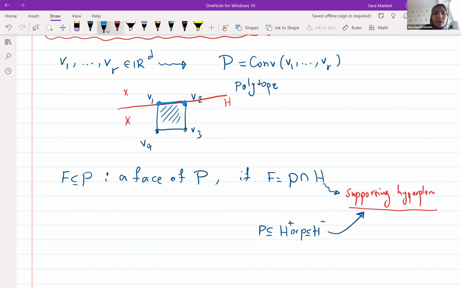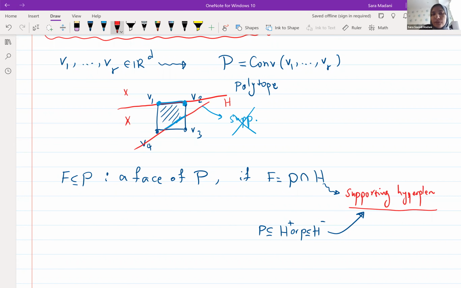But if I take this hyperplane, maybe I should draw it a little bit. Yeah, for example, here, this is again a hyperplane, and it has an intersection with my polytope. But is this intersection a face? No, because this is not a supporting hyperplane, because as we see, the polytope is not inside one of the half spaces.